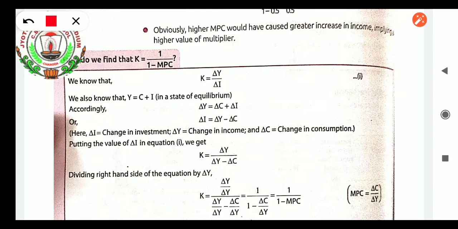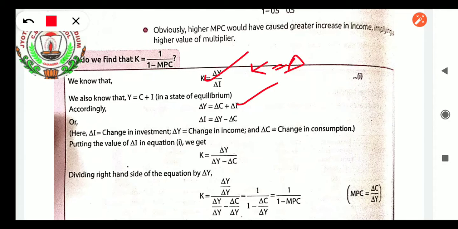Let us have. We know that k, the formula we first read, k equals change in Y upon change in I. We also know that Y equals C plus I, consumption plus investment. Saving we are not taking because we are learning the investment multiplier. So C plus I in a state of equilibrium. Accordingly, delta Y equals delta C plus delta I. Definitely there can be changes.